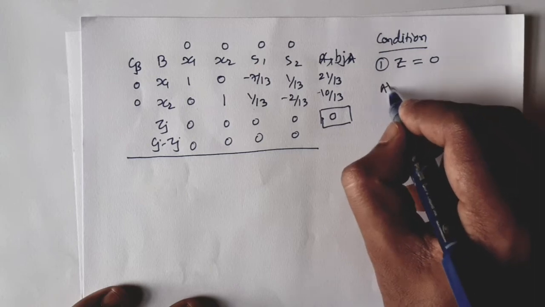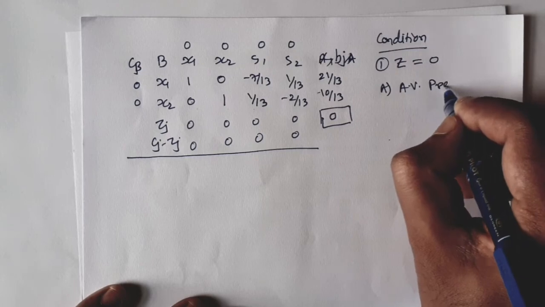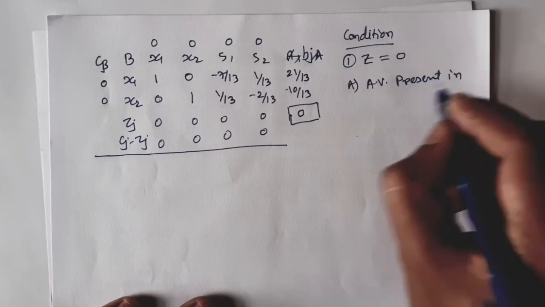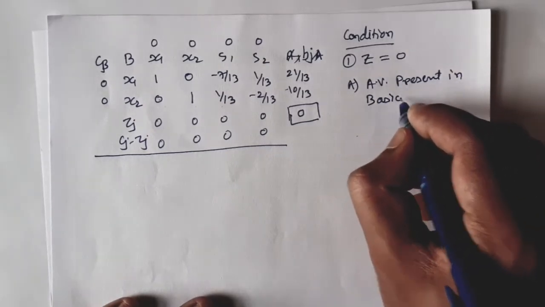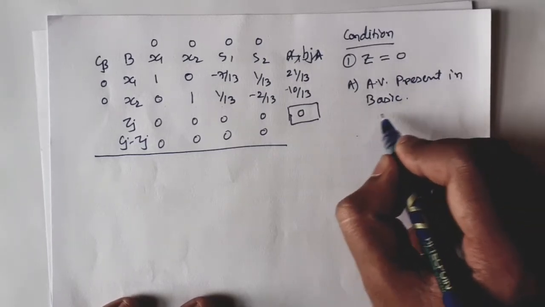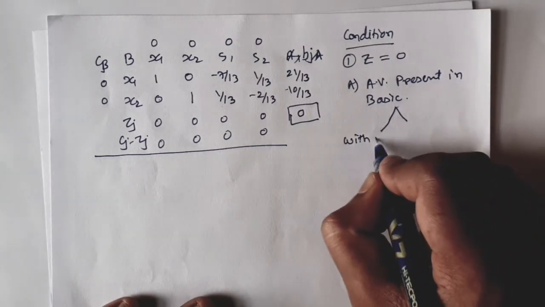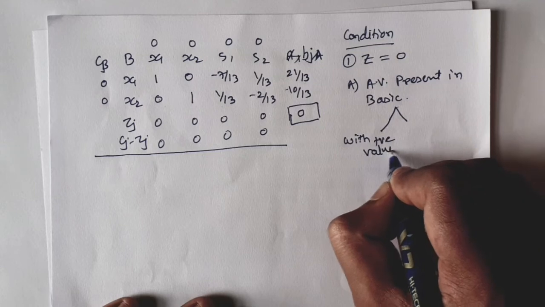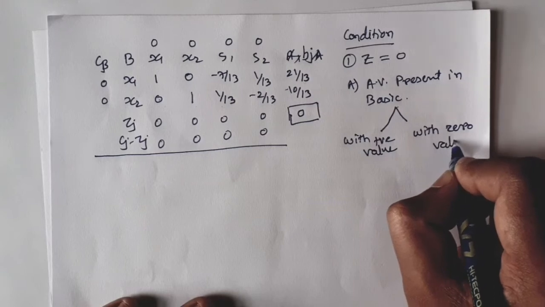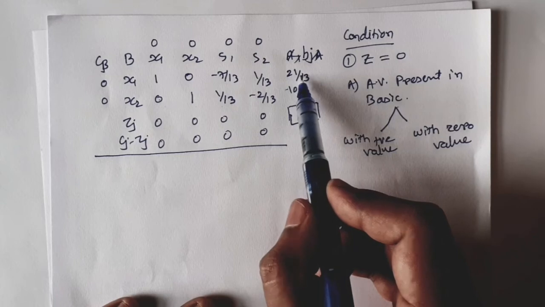Now the condition may be that an artificial variable is present in the basis column or basic variable column. If it is present, then there are 2 possible conditions: it is present with a positive value or with a 0 value. Now how to check the value? Say if a1 is here, then the value is in the bj column.